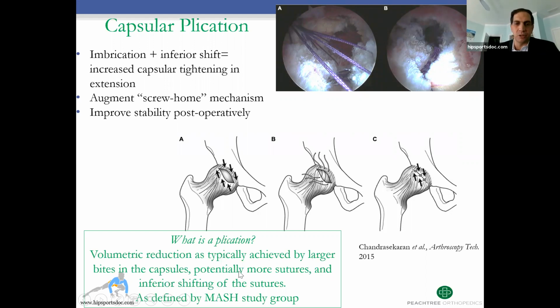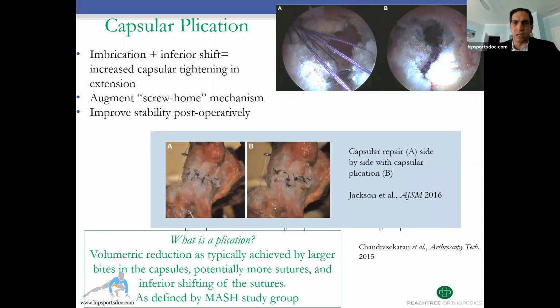In my case, I use three sutures for plication versus 1 to 2 for closure, and then also inferior shifting of the sutures. So they can be passed in a slightly oblique manner, as demonstrated here, in order to create further volumetric reduction, as shown in C.